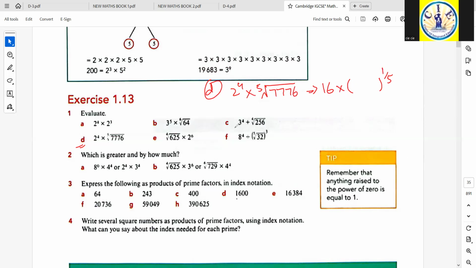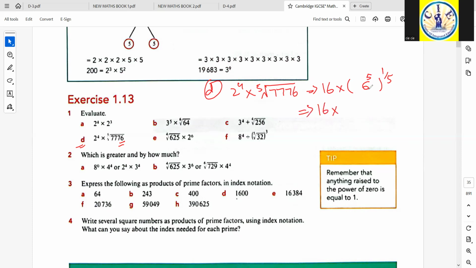If you see, its unit place is 6. So that might be one of the cases that that number is 6, which when multiplied with itself 5 times may give us 7776. So from your calculator, you can find that that number is 6. So yes, now we can simplify it.